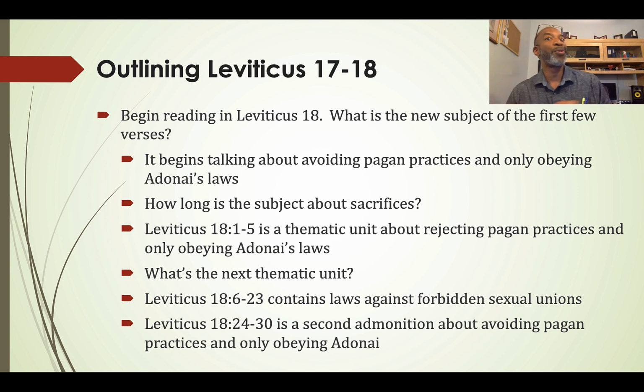Verses 24 through 30 are also about avoiding pagan practices. And then in the middle, we have specific laws about avoiding particular pagan practices, which have to do with forbidden sexual unions. So it's pretty easy to see that all of chapter 18 is one thematic unit. The way I like to look at it is it has bookends, okay?